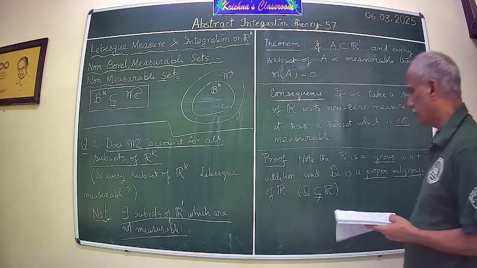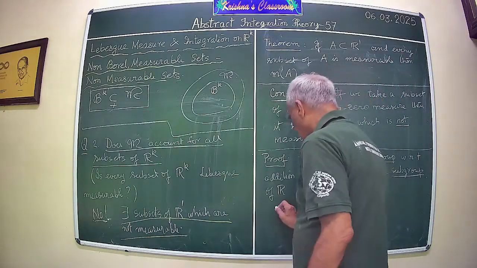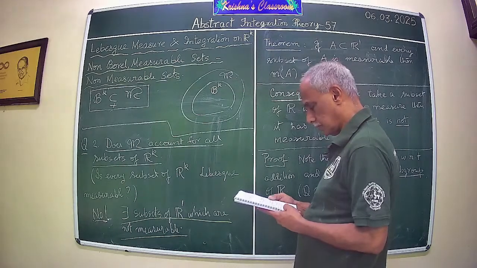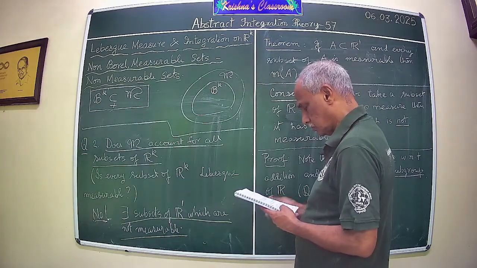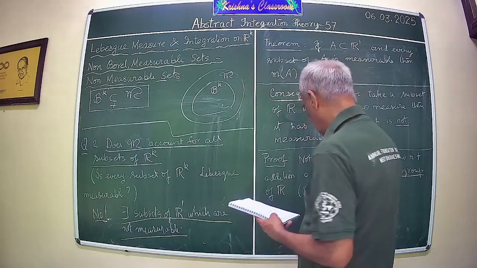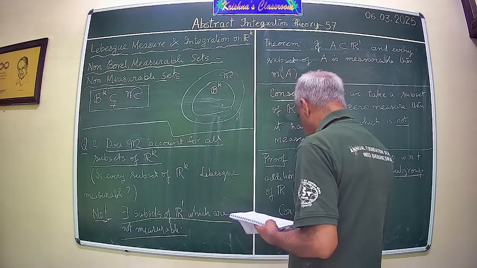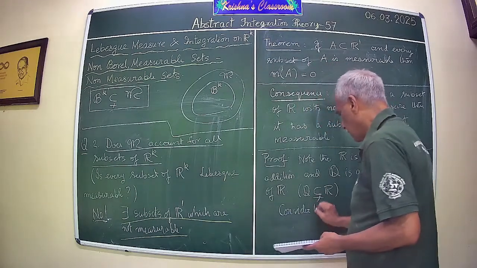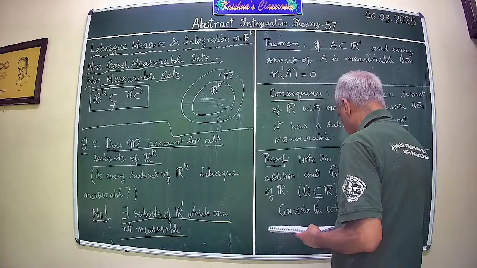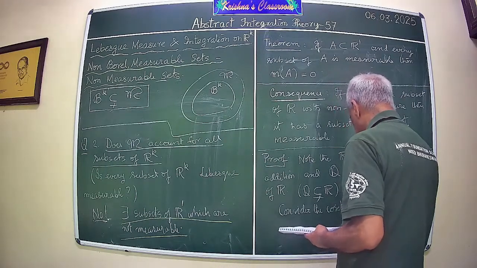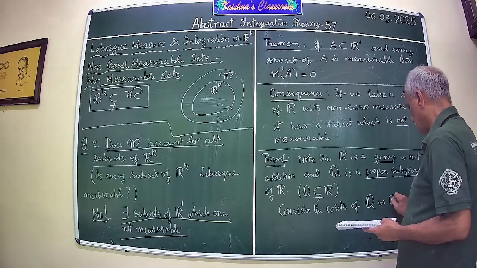Now what we do is we take up the cosets of Q in R1.